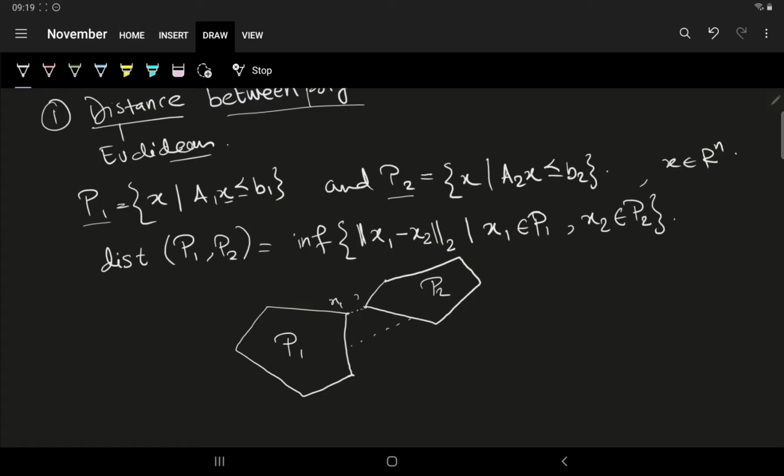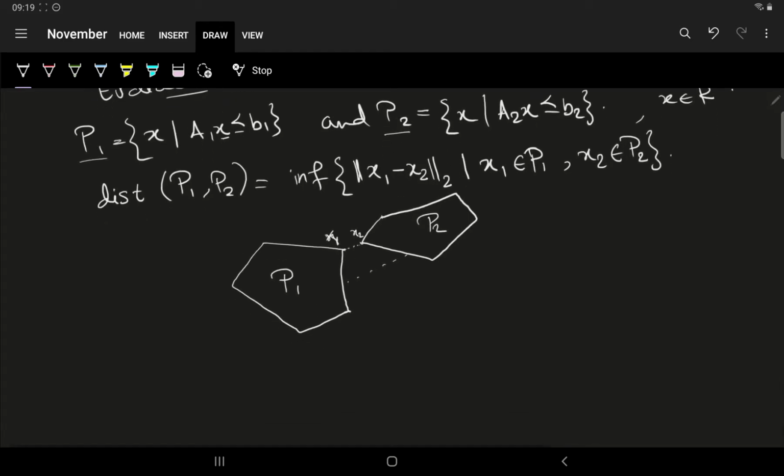So there is x1 and there is x2. So this is the geometric interpretation. We can see that if P1 and P2 intersect, then the distance is 0, and it is feasible if and only if both of them exist or are not empty. It is infeasible if one of them is empty.